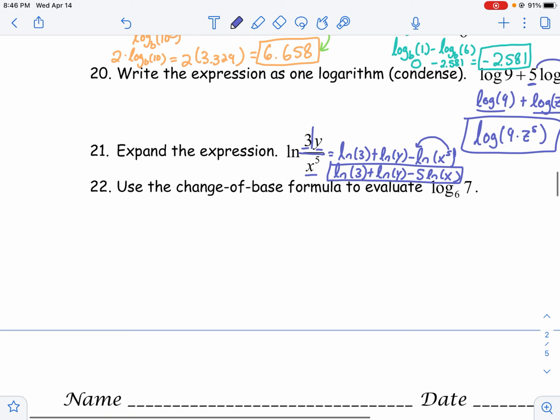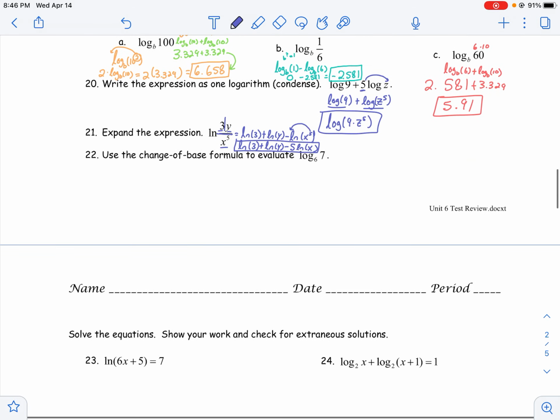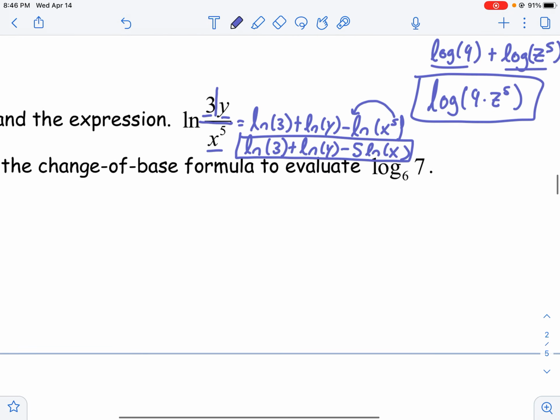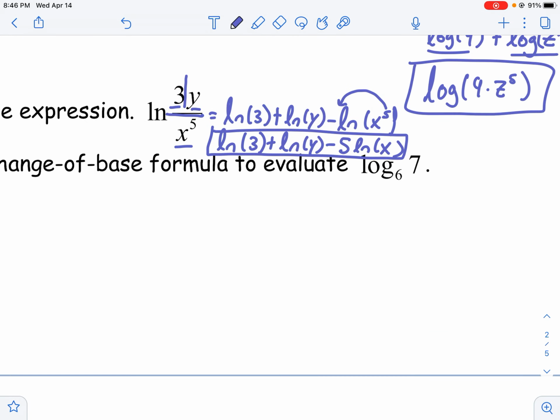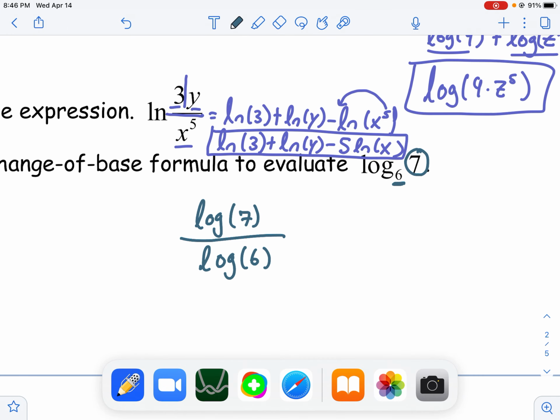Then we're good. 22, it says use the change of base formula to evaluate log base 6 of 7. All right. Change of base formula, hopefully you remember. Because the 7 is on top, we're going to say that it's the log of 7. 6 is on the bottom, so divided by the log of 6.